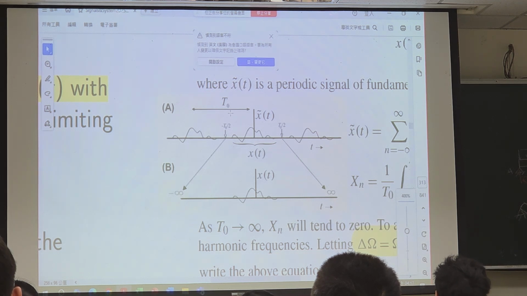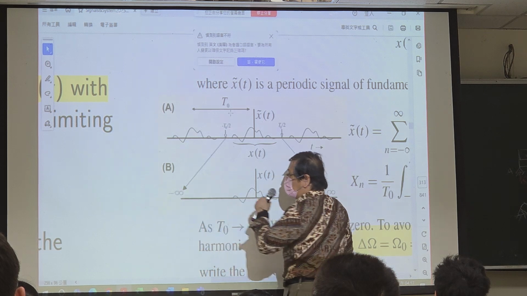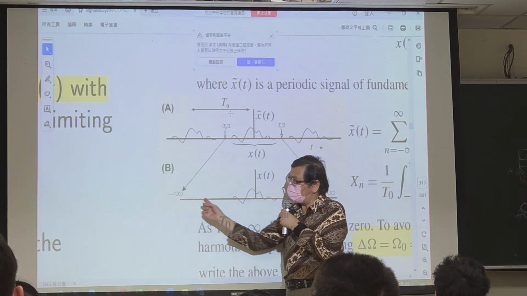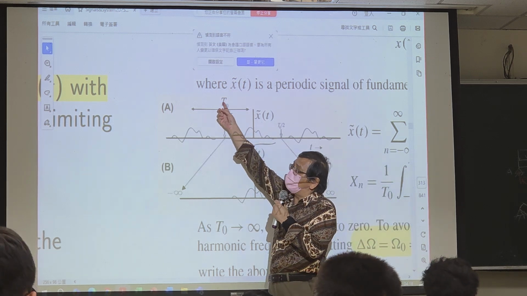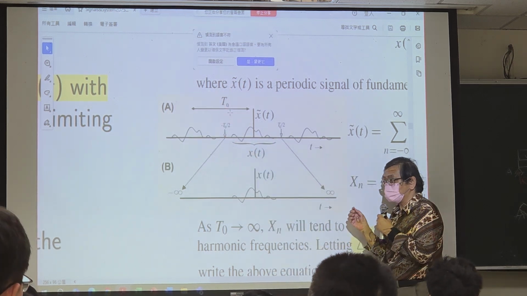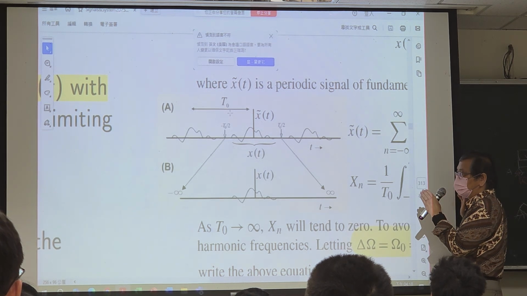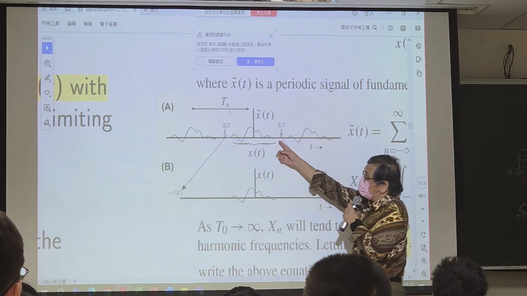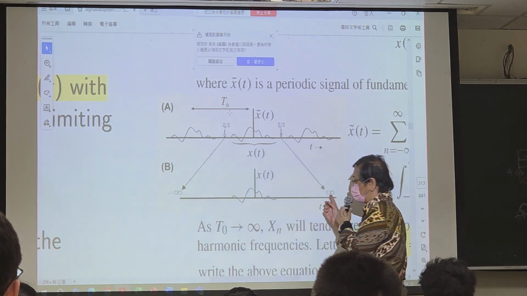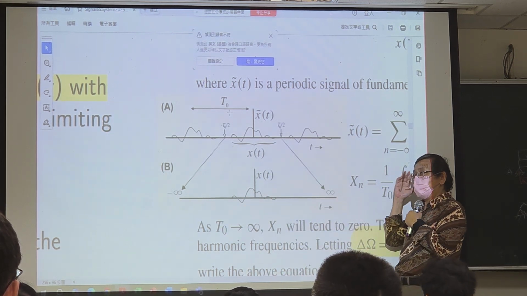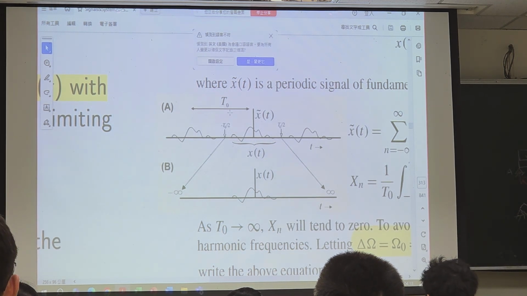So this function eventually can be extended from negative infinity to positive infinity. Again, we let the period t sub 0 be a big number, bigger and bigger. So this function eventually is extended from negative infinity to positive infinity. And that is the way we consider a non-periodic function.